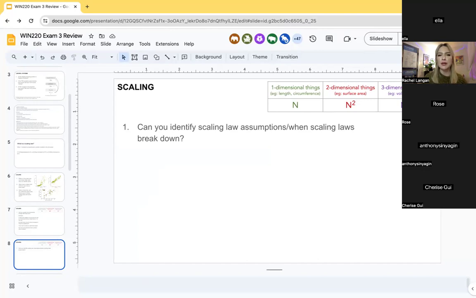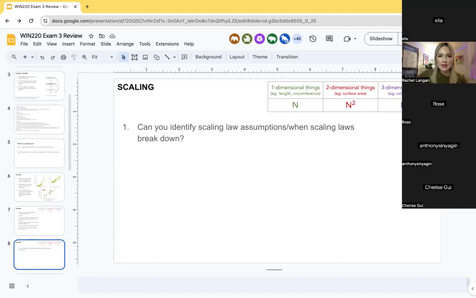The big one to be aware of is body composition. When you go from a baby to an adult animal, or if you're comparing 2 different animals, one that's small and one that's big, a huge assumption that the scaling law makes is that the body composition is the same. They have the same amount of fat and muscle.